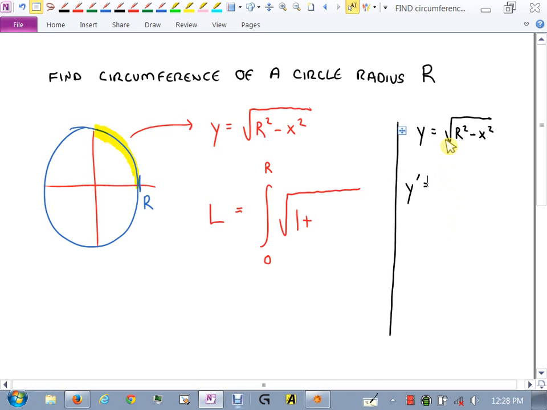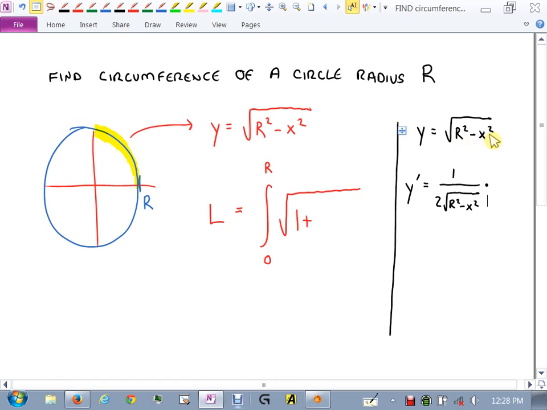The derivative of the square root of something is 1 over 2 times the square root of that something, times the derivative of what's inside with respect to x. So what's the derivative of capital R squared? 0.